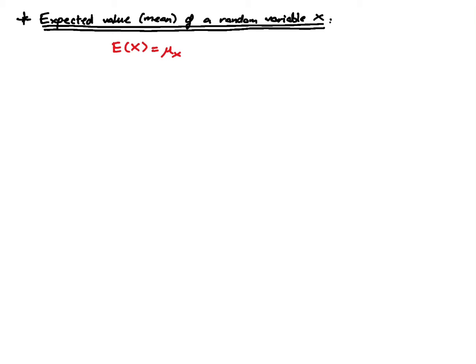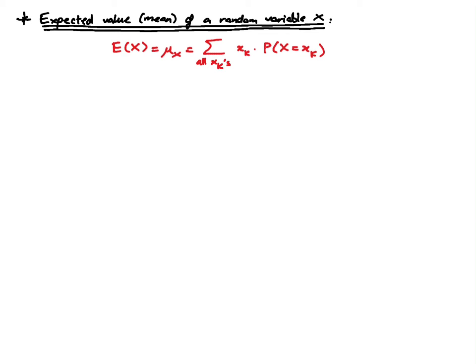So to compute the expected value, we want to do the summation over all the x_k's of x_k times the probability that X is equal to x_k.